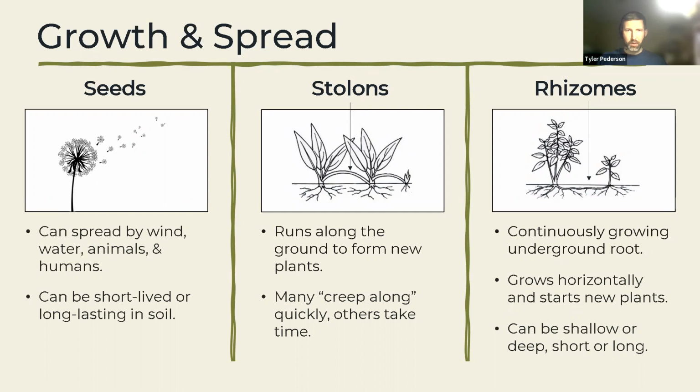Many can creep along quickly, and others will take longer to grow along. And then on the far right, there are rhizomes. These are continuously growing underground roots. They can grow horizontally and start new plants, and they can be shallow or deep, or short or long.